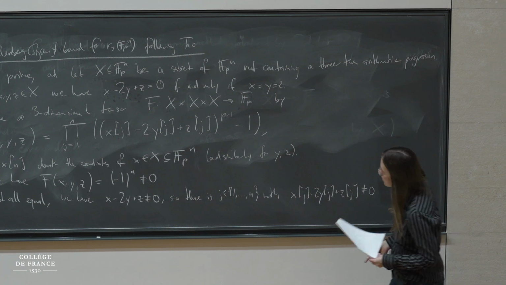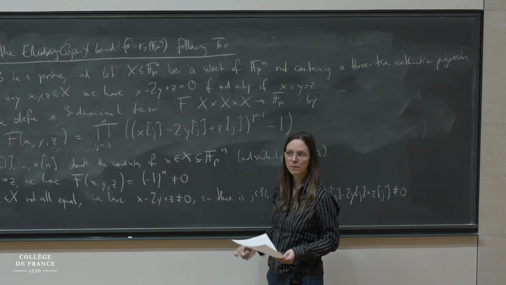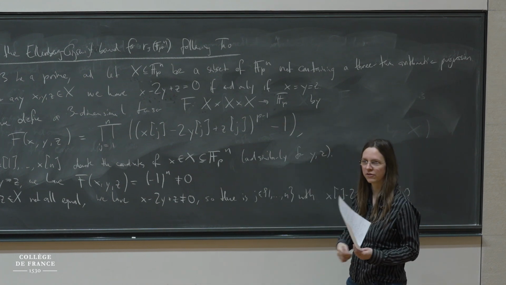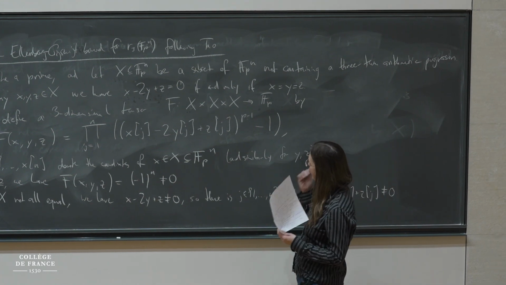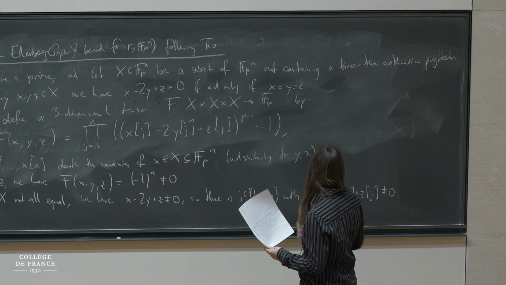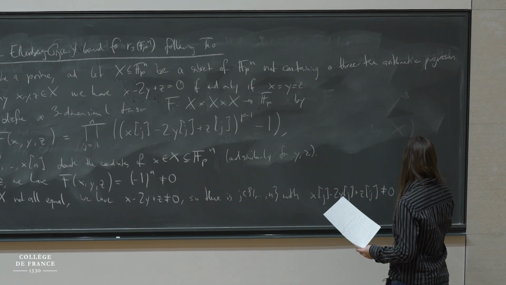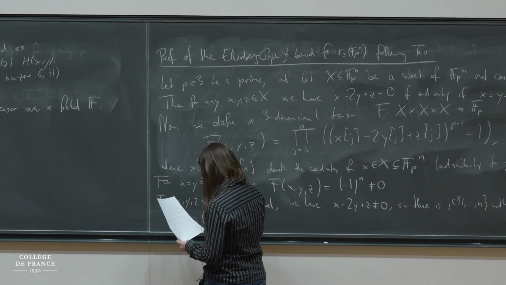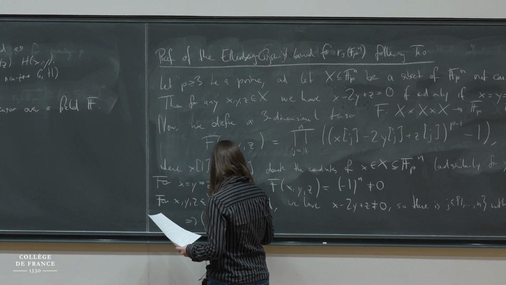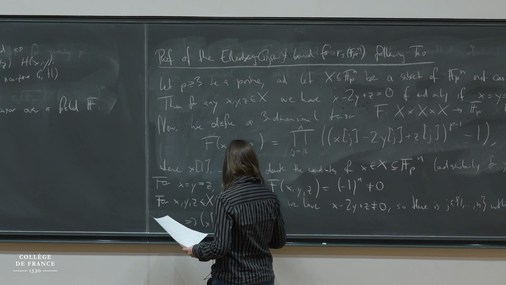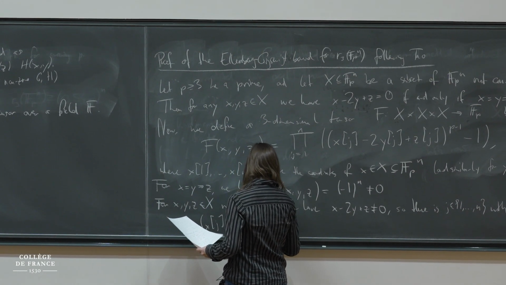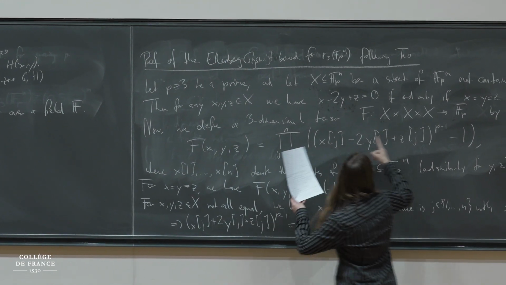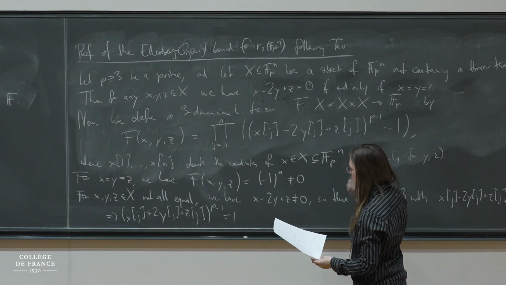If we take a non-zero element in F_p and take it to the p minus first power, we always get 1. That's Fermat's little theorem. So this means that (x_j minus 2y_j plus z_j) to the p minus first power is 1, and so the factor where we subtract 1 is a 0 factor.